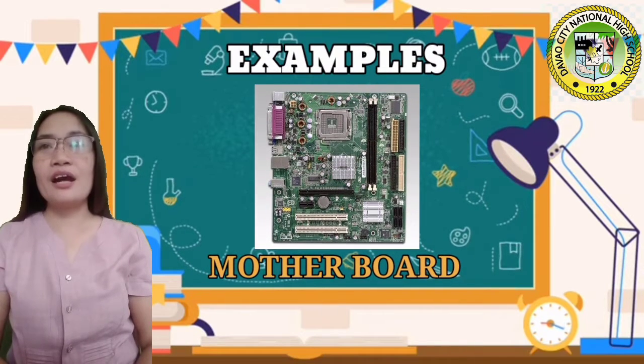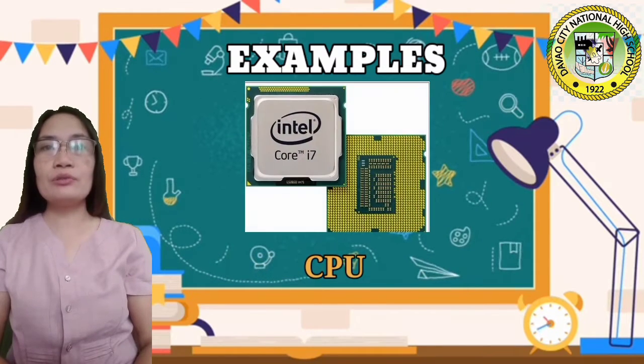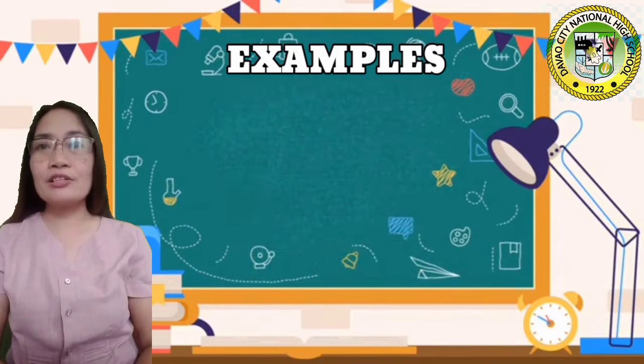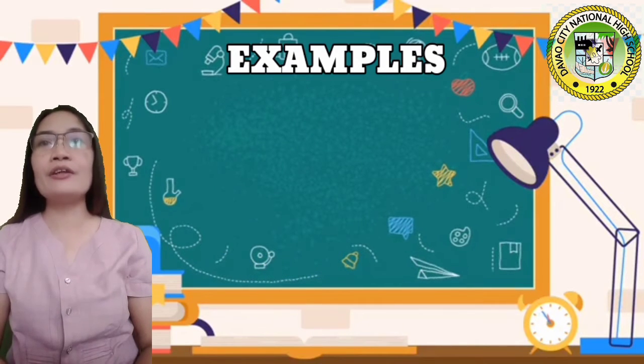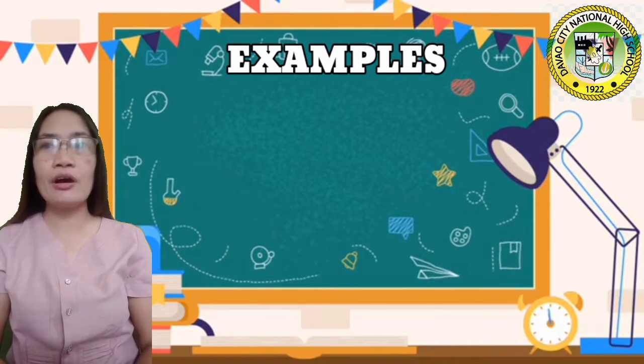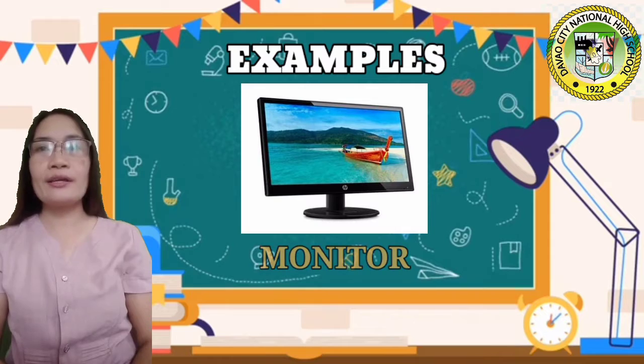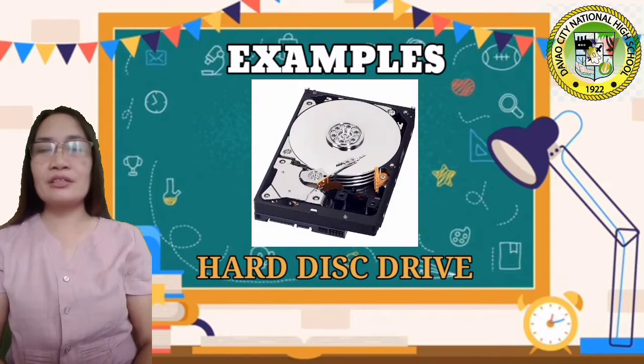Motherboard, a device that connects all the hardware parts of the computer. It contains components such as the CPU, RAM, and ROM chips. It also contains parts that are used to connect other hardware components, such as the monitor and hard disk drive.